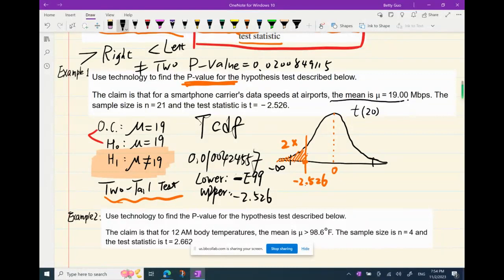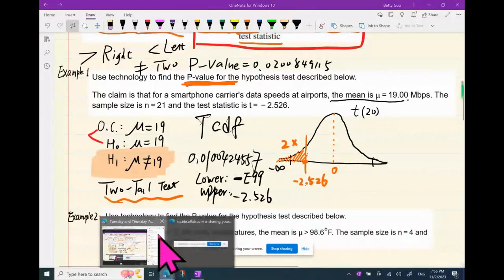Let me know, did I answer your question? In order to know what type of tail, we have to know what type of alternative. In order to know the alternative, we have to read the question. The question doesn't say anything about bigger than or less than, so it's going to be not equal to.